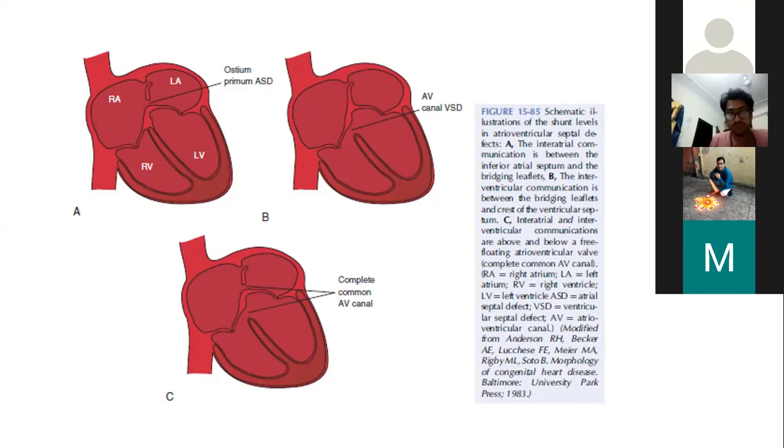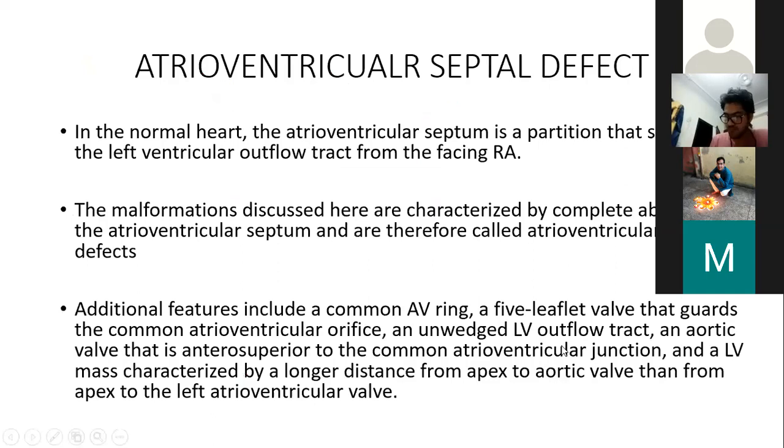Any AV septal defect has some features. One is that there should be one common AV ring, and it should have a 5-leaflet valve that guards the common AV orifice, an unwedged outflow tract, and an aortic valve that is anterior superior to the common AV junction.